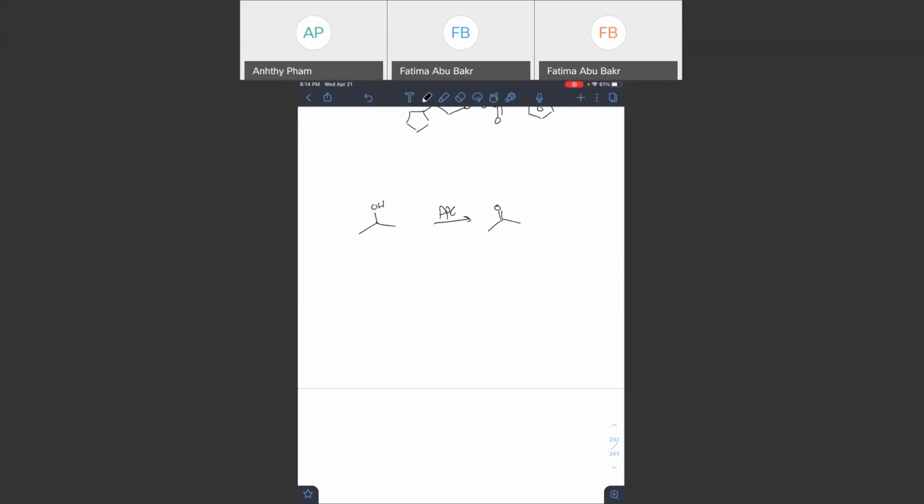Yeah, and I think that's all for the majority of our reactions. So now I just want to go on and finish up with some retrosynthesis problems. So here are some retrosynthesis again from the practice exam.